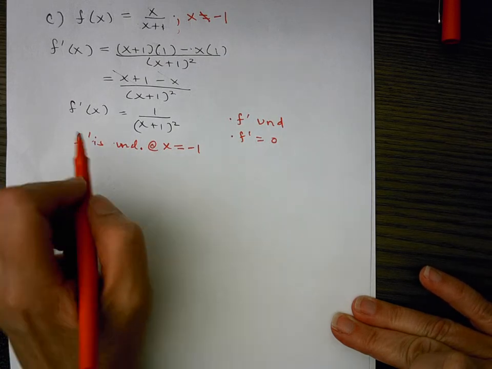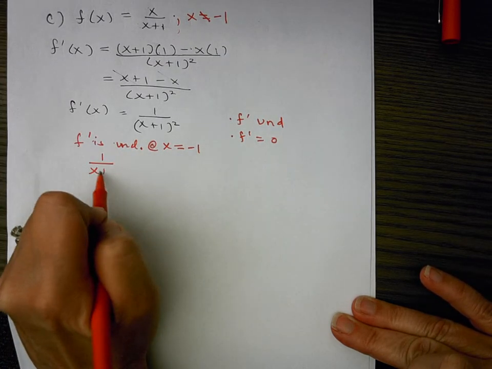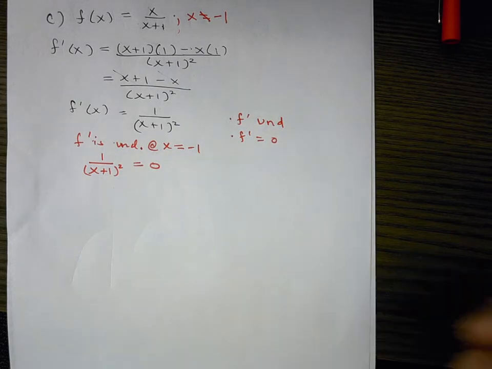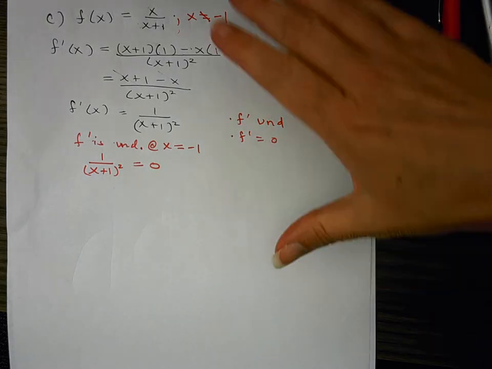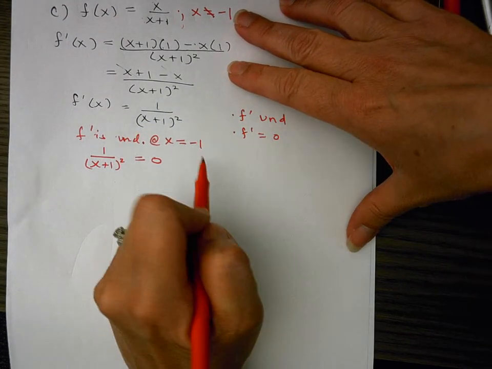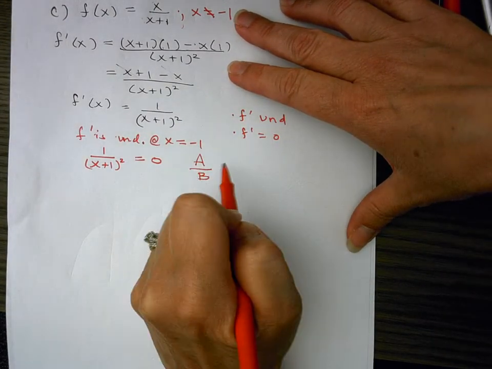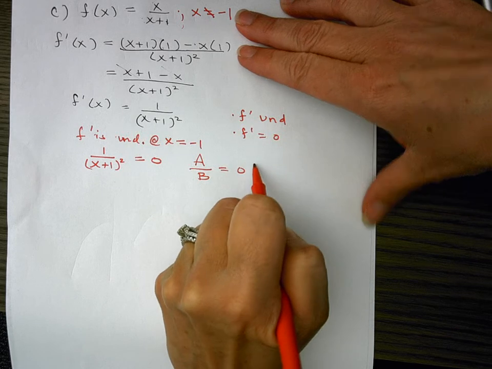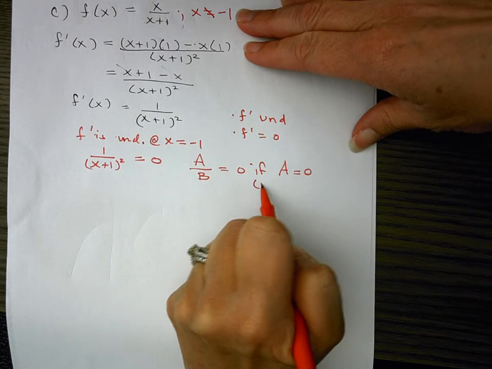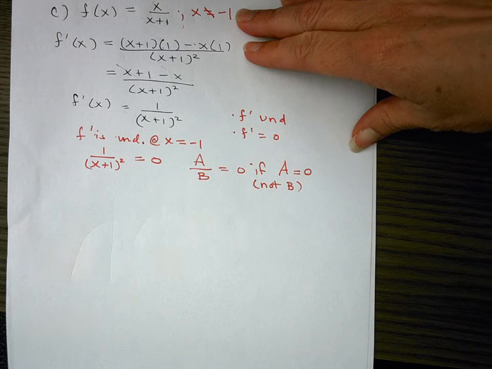And then the second thing I do is I set it equal to 0, right? So 1 over x plus 1 squared is equal to 0. How will I solve this? Well, the only way for a fraction to be equal to 0 is if a over b has a equal to 0, but not b, or whatever the function is.